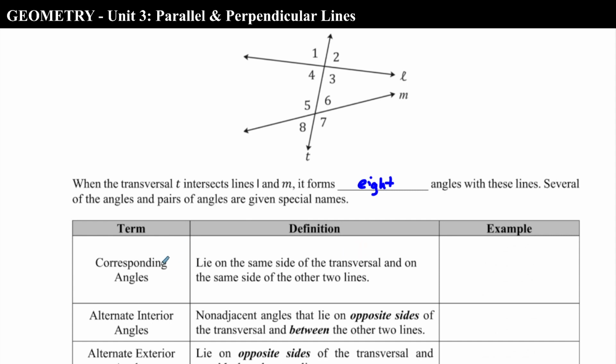So, corresponding angles lie on the same side of the transversal and on the same side of the other two lines. So, basically, if we've got upper left, it goes with upper left. Upper right goes with upper right. Bottom left goes with bottom left. Bottom right goes with bottom right. So our examples here are angle 1 and angle 5. Angle 3 and angle 7.